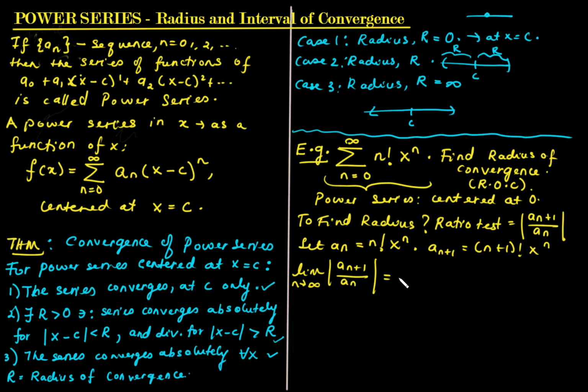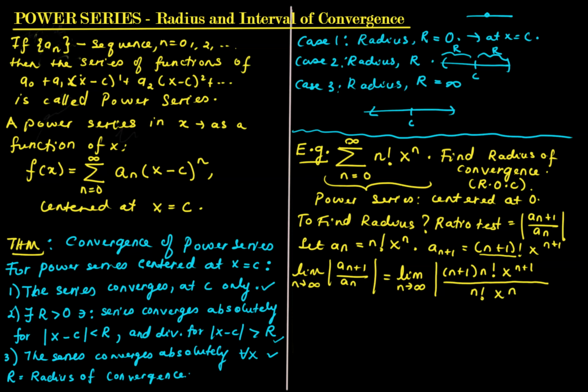When I expand that, n plus 1 factorial is n plus 1 times n factorial, times x to the n plus 1, and the whole thing over a sub n, which is n factorial times x to the n.